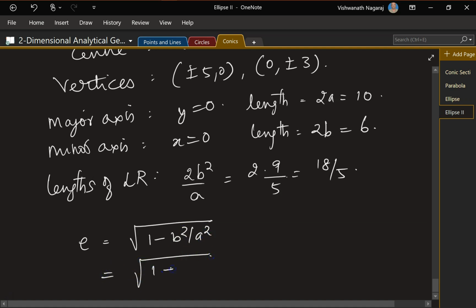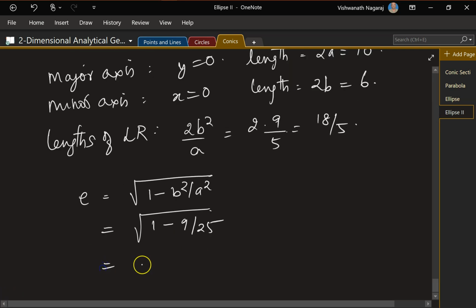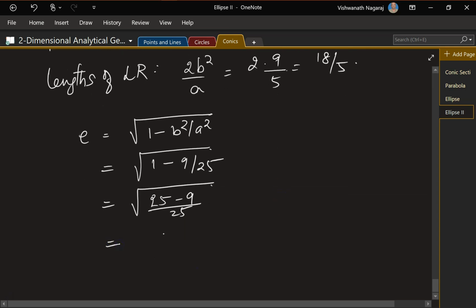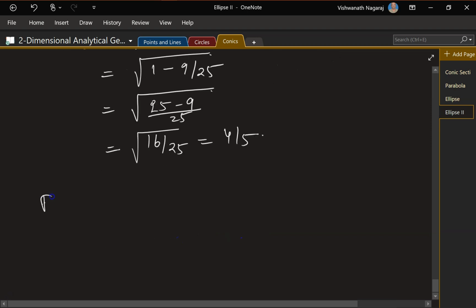So 1 minus 9 by 25, which is equal to square root of 25 minus 9 by 25, which will be square root of 16 by 25, which is 4 by 5. The foci would be at plus or minus AE, 0.